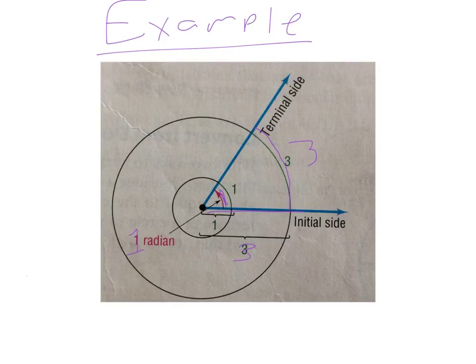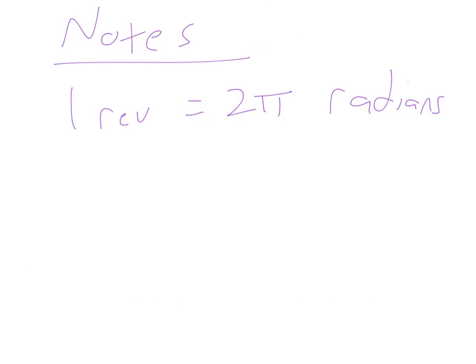That's where we get the concept of radians from. We said 1 revolution is equal to 2 pi radians. And we also said earlier that 1 revolution is equal to 360 degrees. So we can say 360 degrees is equal to 2 pi radians.